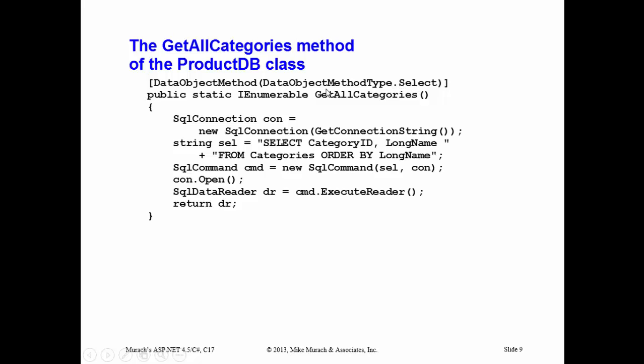So I've got 4 different choices of the data object method type. In this example, I'm saying this is a select data object method type, and this whole method is a data object method. By putting this attribute right in front of that method, I'm decorating it and saying it's a data object method. By doing this, this lets my program, or my Visual Studio, know that this is a selectable data object method, and it will show up whenever I say show me all data object methods in the wizard.